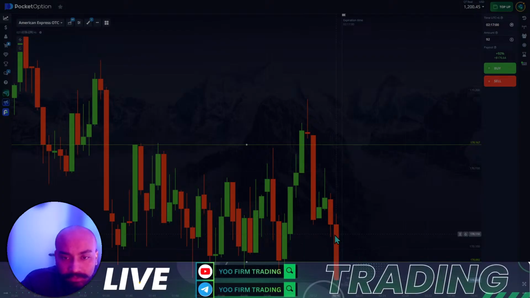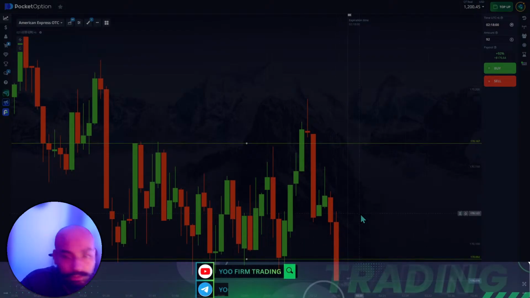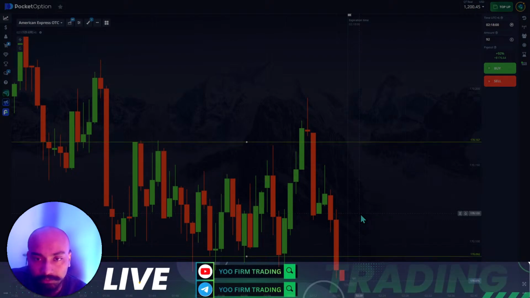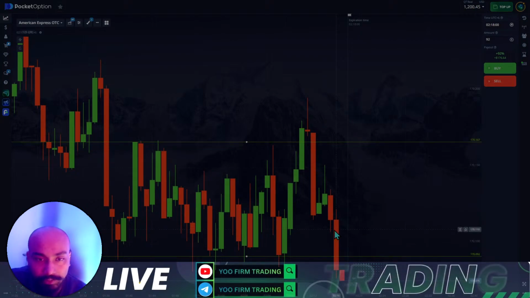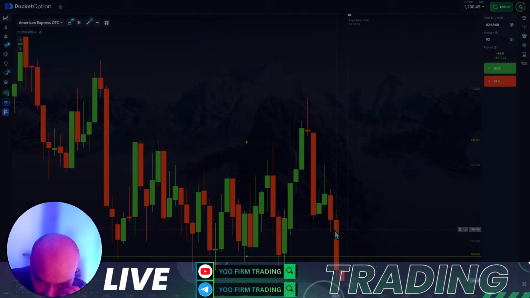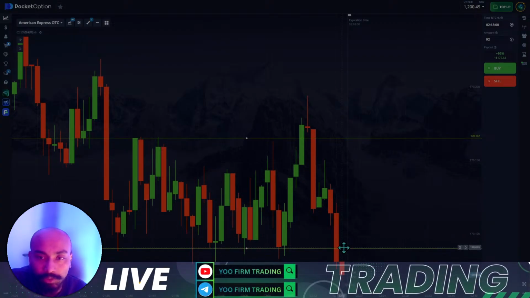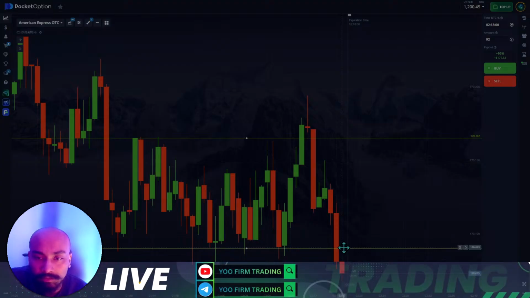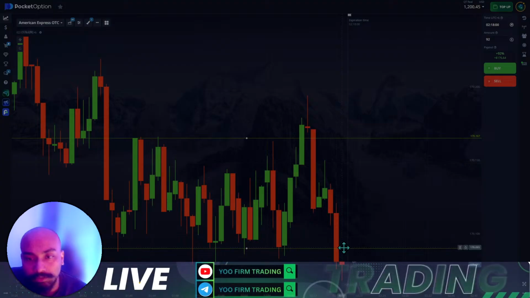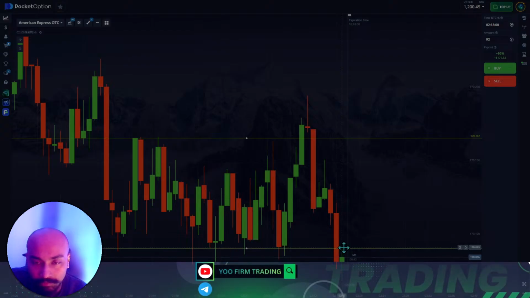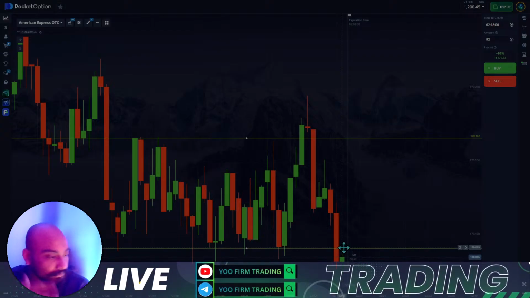So if this kind of candle breaks, what can we expect? A bullish candle, right? But because of this pressure, we can't actually go immediately with this kind of candle. So that will go lower, and then after this candle, we're going to take trades basically. So it's going down and up.